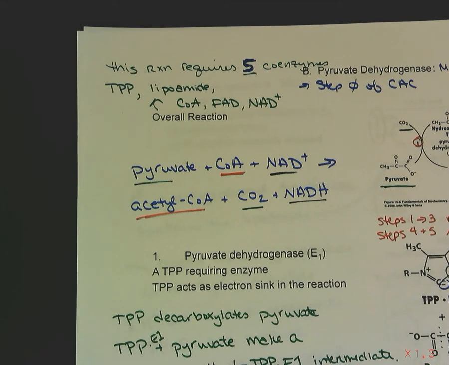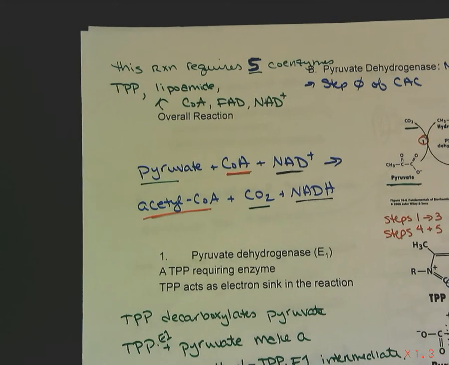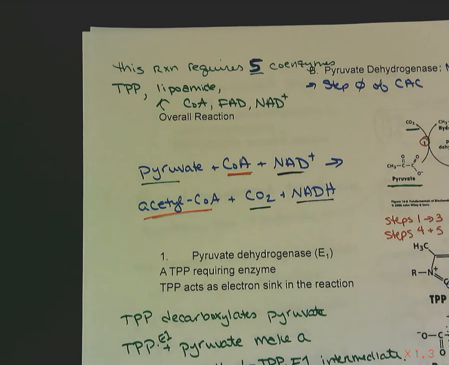Some textbooks refer to TPP as biotin, which is kind of a funky thing. TPP comes from vitamin B2. So there are some questions in your book about vitamin B2 converting, because TPP stands for thiamine pyrophosphate.